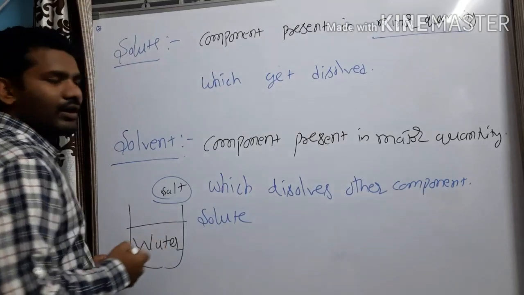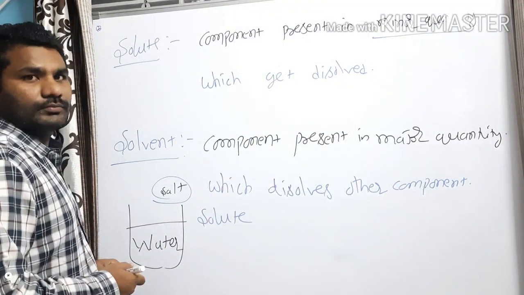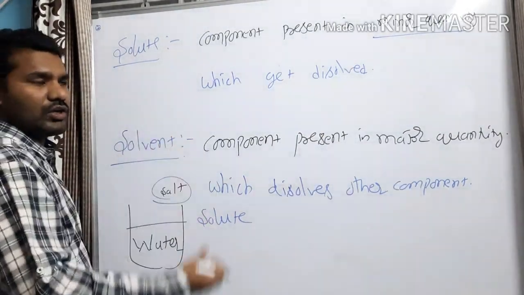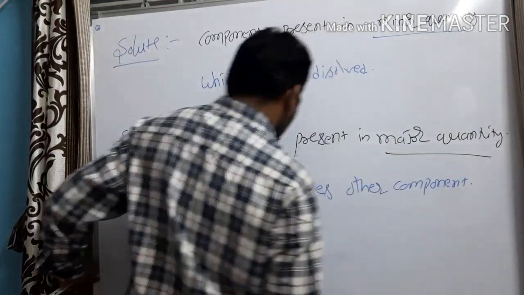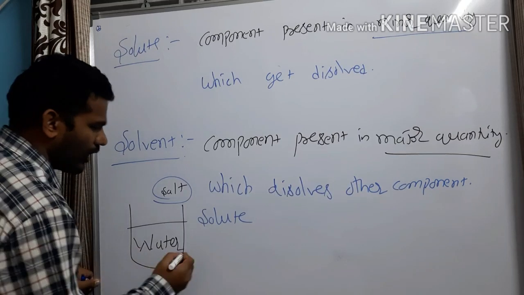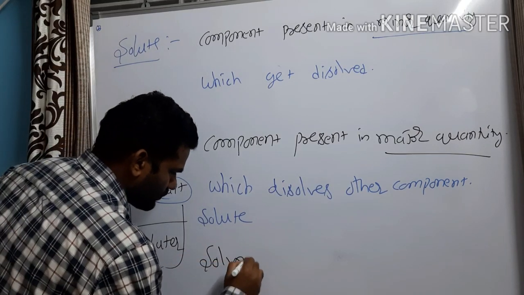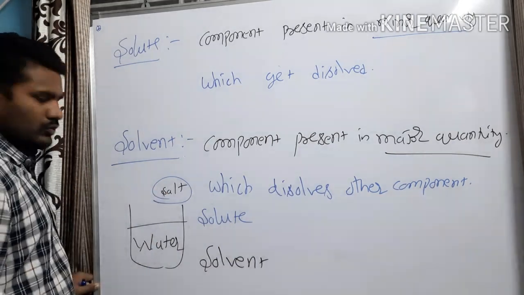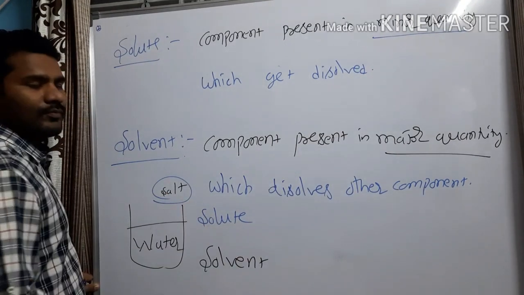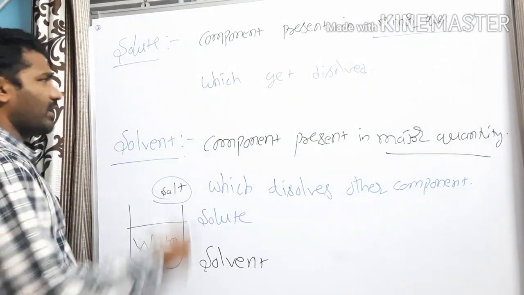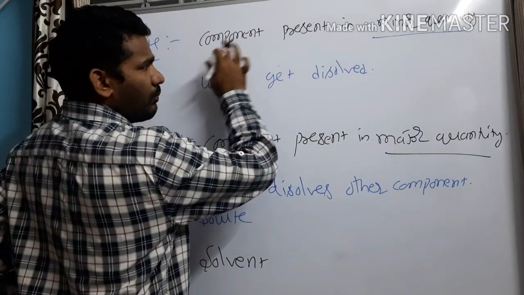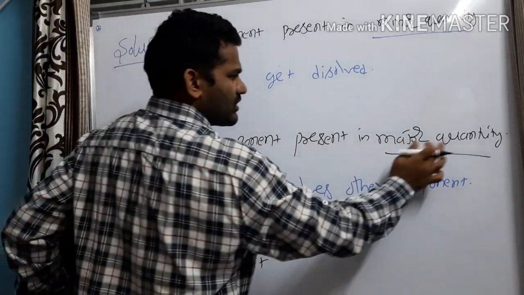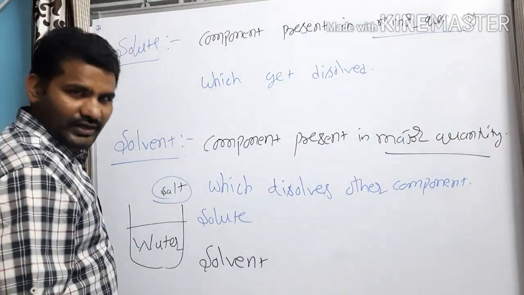So salt can be called as a solute. Here I have taken the water in excess quantity, huge quantity or major quantity. So I can call water as a solvent. Here water is dissolving salt. So I can call water as a solvent. So I can define solute as the component present in minor quantity, and the component present in major quantity is called as a solvent.